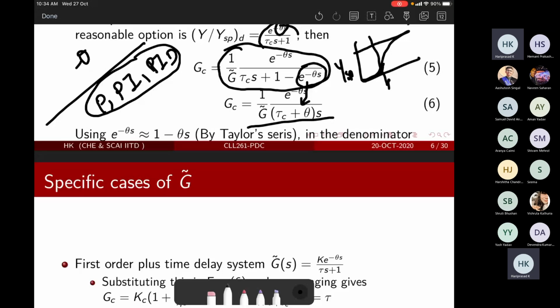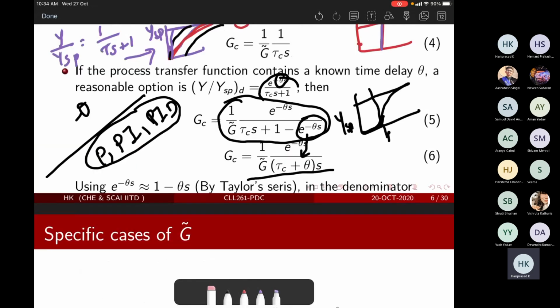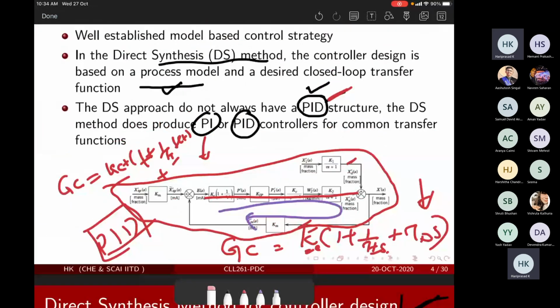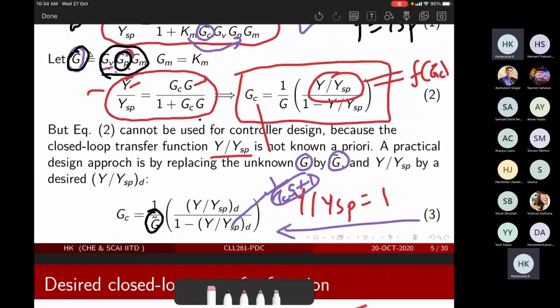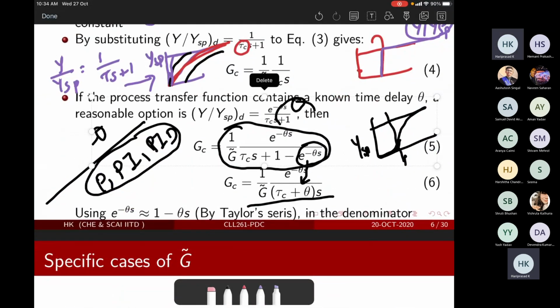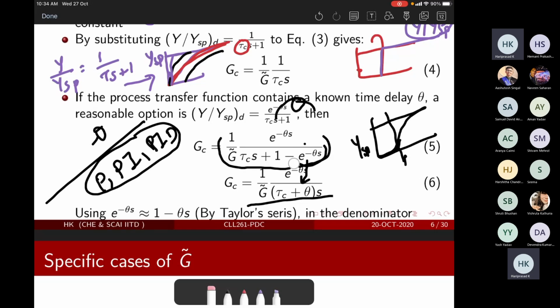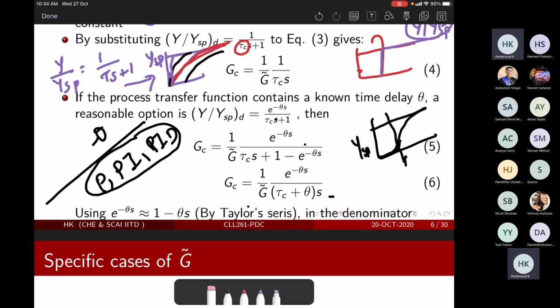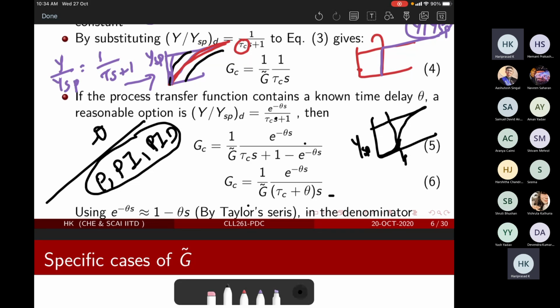Okay. Now coming to this first point, why this method may not yield you PI and PID. Let's look at this particular case. This is for the first order system, what we have just developed, a synthesis controller. Now, how do you implement this GC?